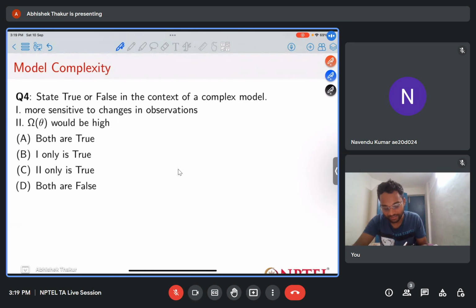So it is more sensitive to changes in observation. So statement one is correct, because complex models are more sensitive to changes. And this omega theta would be high for the complex model as compared to the simple model. So both one and two statements are true.